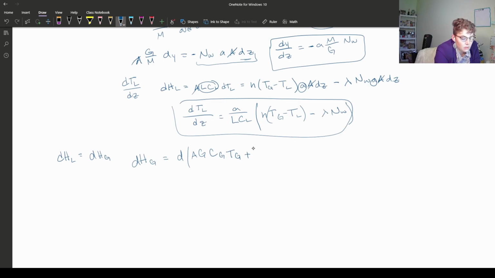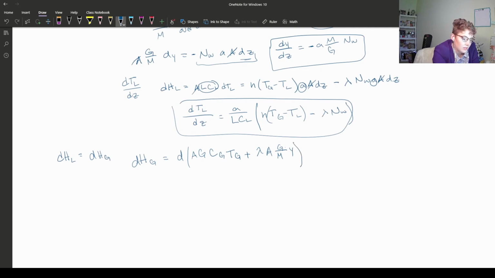And then we also have to include, as an addition this time, the heat of vaporization, as well as the cross-sectional area and the gas flow rate over the molar mass, because the mole fraction is also changing. So we have to use these to cancel that out, to transfer this from kilograms to moles, and this to get rid of our meters squared. That was implemented by the gas.